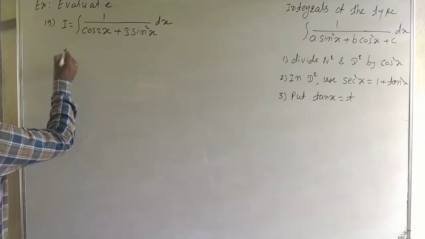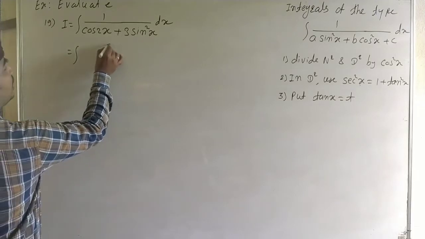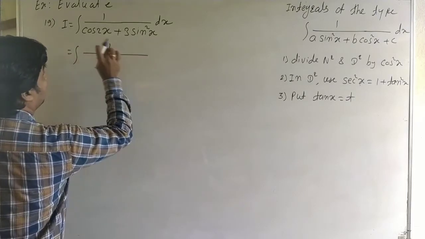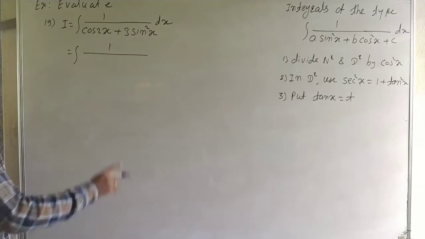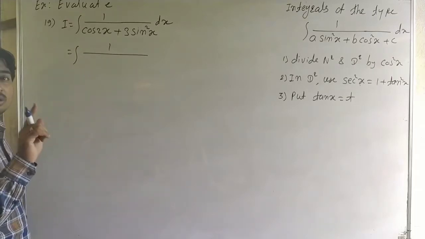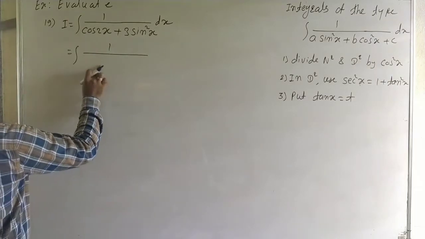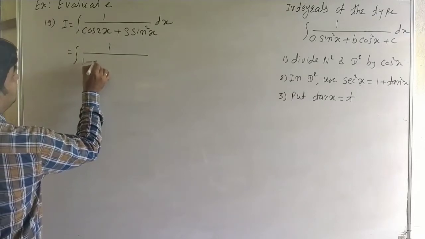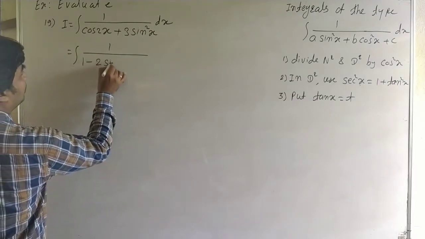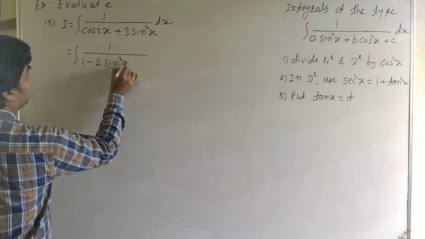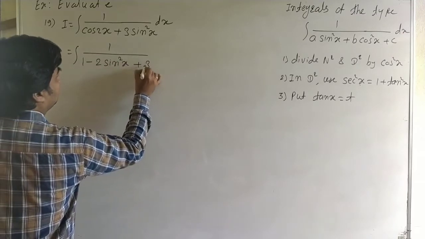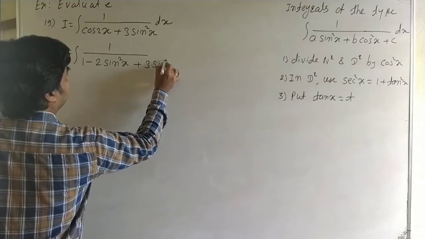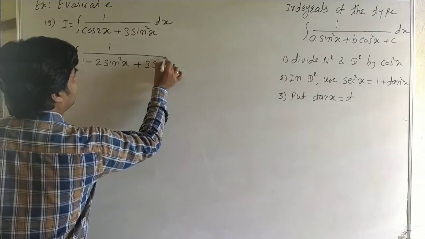Then see carefully here: 1 upon, the formula of cos 2 theta, it is 1 minus 2 sin square x plus 3 sin square x dx.